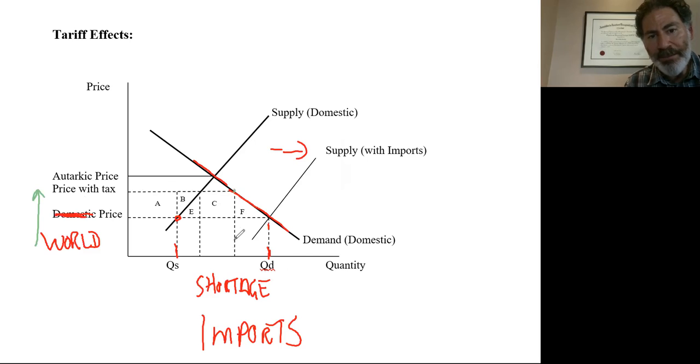So the quantity demanded now decreases, and it encourages some lucky suppliers domestically because they can charge a higher price. So here's the quantity supplied domestically. So it has now decreased the imports because now the shortage has decreased and the amount of imports required to satisfy the demand has decreased.